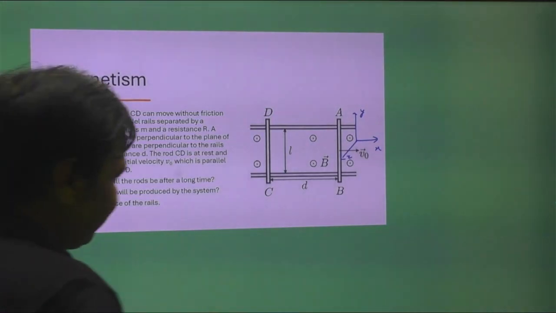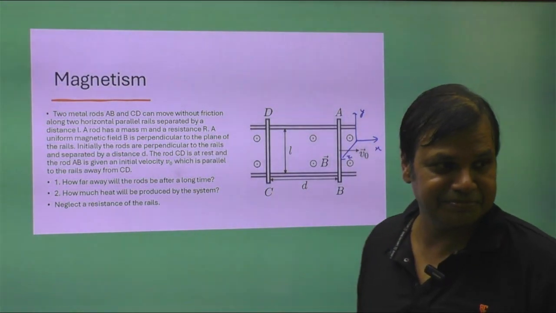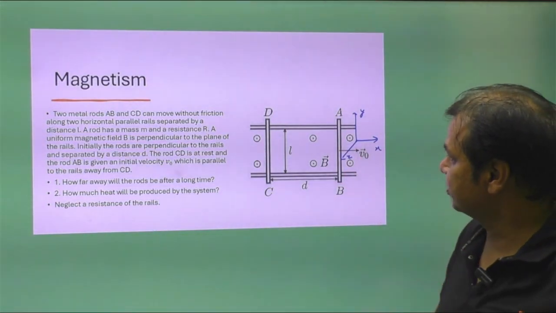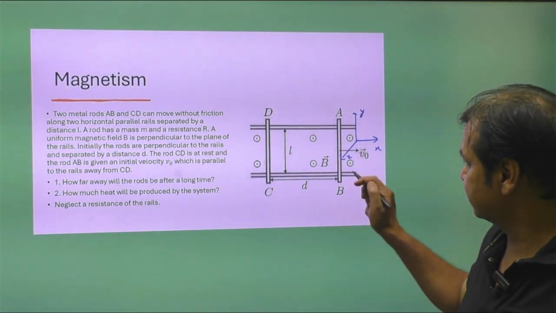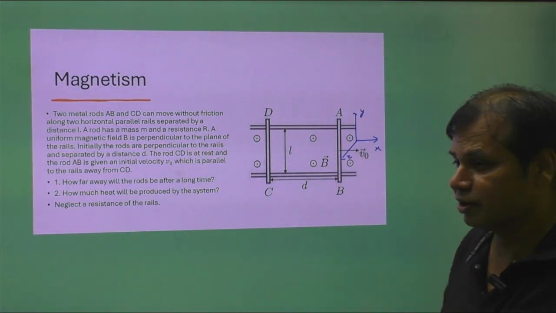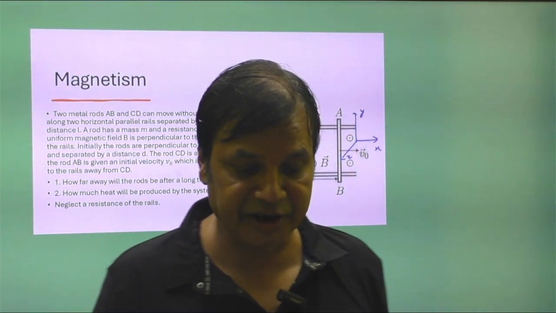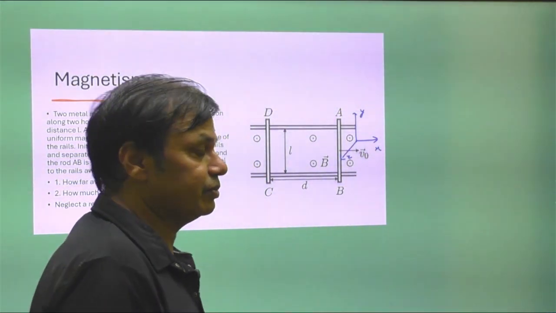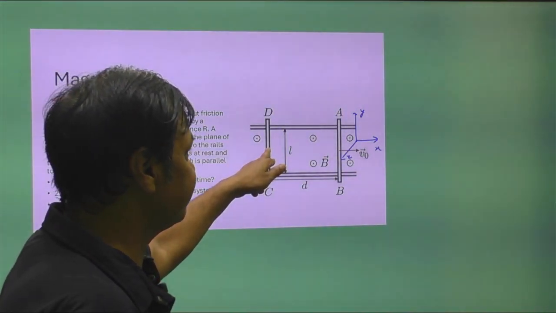So what happens is that everything in this setup looks fine, and I guess the trouble starts from here, when the rod AB is given a velocity V0 towards the right, that is our x-axis, and the other rod is still at rest.